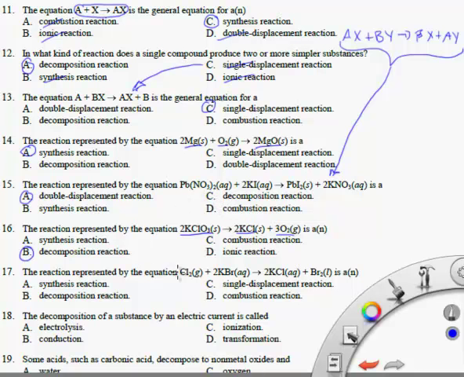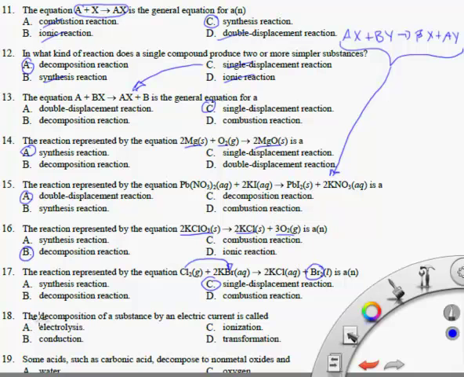Number 17, reaction represented by chlorine plus potassium bromide yielding potassium chloride and bromine is an example of one thing, chlorine, kicking out bromine, displacing bromine. Bromine is now all by itself as a product. This is a single displacement reaction.